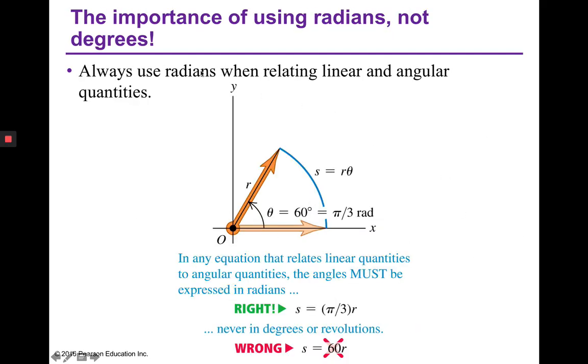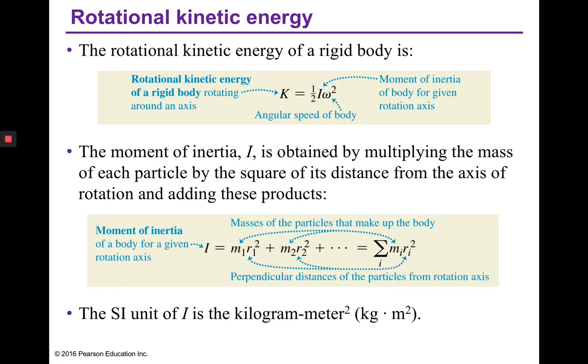All right, remember, always use radians, not degrees. All of these equations we've been using only work in radians. A rotating object has kinetic energy. Just like translational kinetic energy is 1/2 mv squared, rotational kinetic energy will be 1/2 I omega squared.